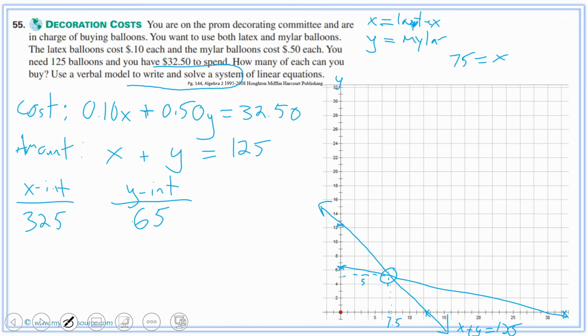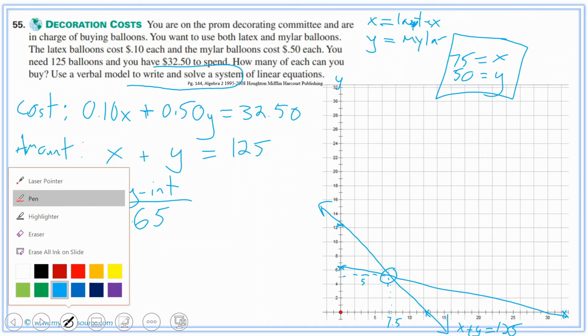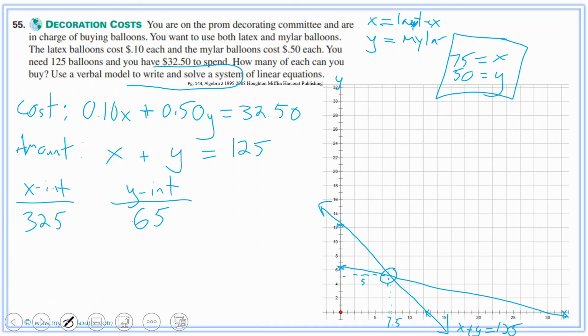And 5 is going to represent 50, right? Because we're multiplying them by 10. So 50 is going to represent Y. And that's what I believe the answer is. And we're going to just substitute in there just to check. 75 plus 50 is indeed 125. So I believe that's it, because 70 plus 50 is 120. So I really think this is our answer.